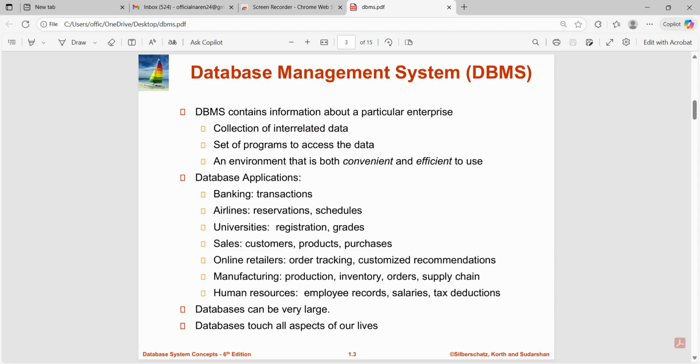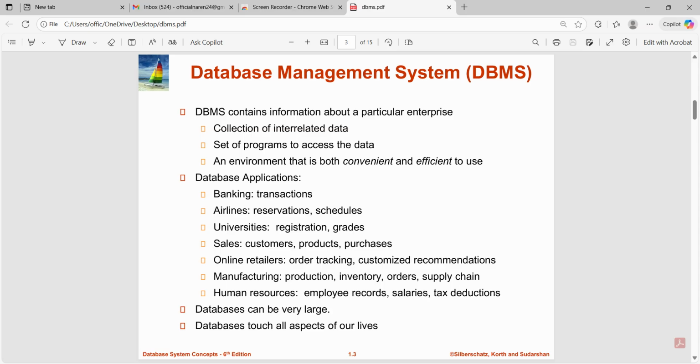Coming to the online retailers, we are able to track the orders, purchase the orders, and customize the order tracking system effectively by means of user recommendations. For example, Flipkart, Amazon, these kind of platforms.